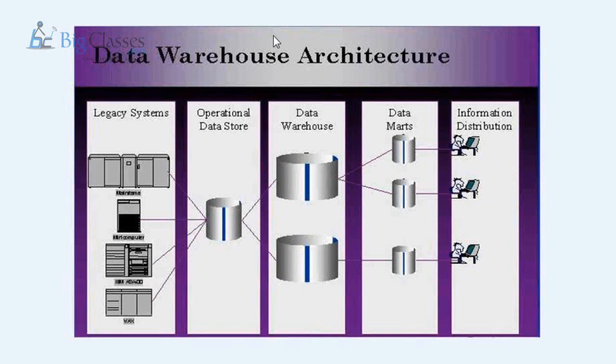Most of the cases, as a reporter, our source is the warehouse. The warehouse may be in an Oracle database, SQL, MySQL, or any other database. For OBIEE, the source is always the data warehouse. The data warehouse's source is the operational data source, which is nothing but the OLTP.